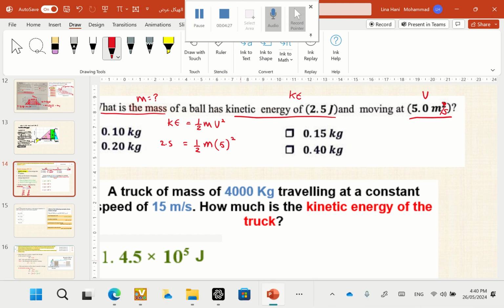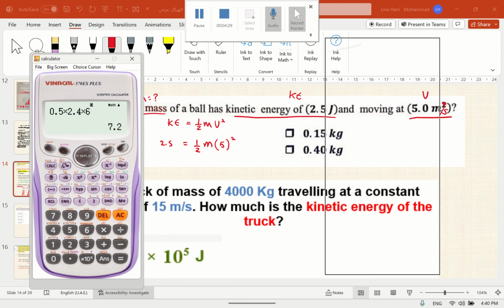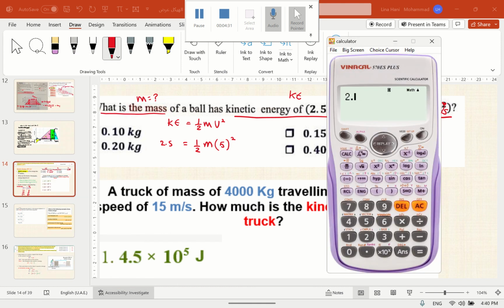On the calculator, you can do the shift solve thing, or if you are good at math, you can rearrange. Equals 1/2 times the mass, the unknown x, multiplied by 5 squared.